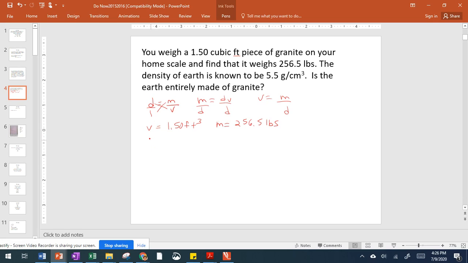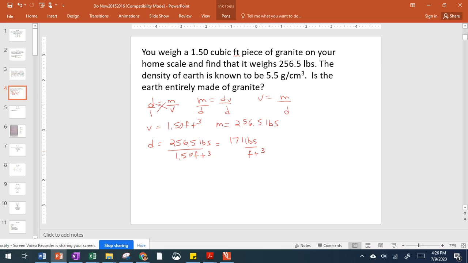So we're going to solve for density by dividing the mass by the cubic feet, which is the volume. So when we do this, we're going to get 171 pounds per cubic foot. So now we want to get this into grams per cubic centimeters.